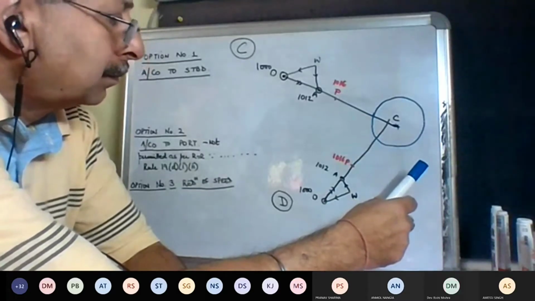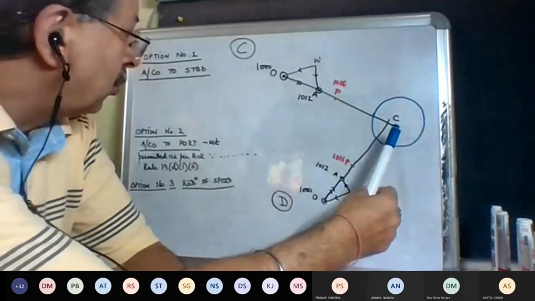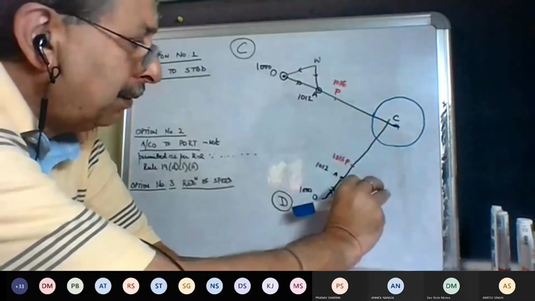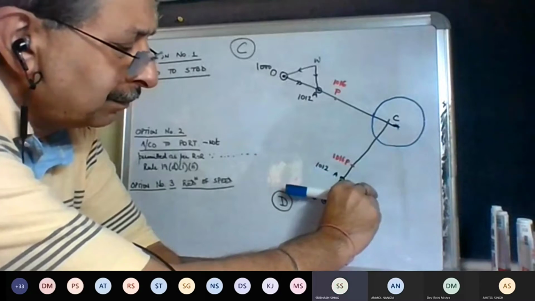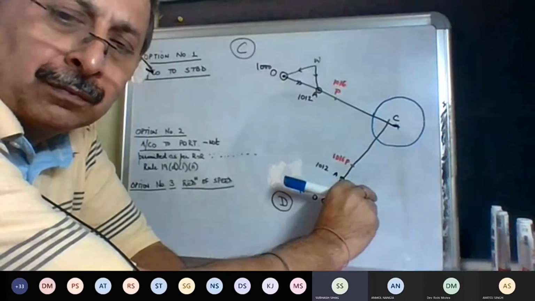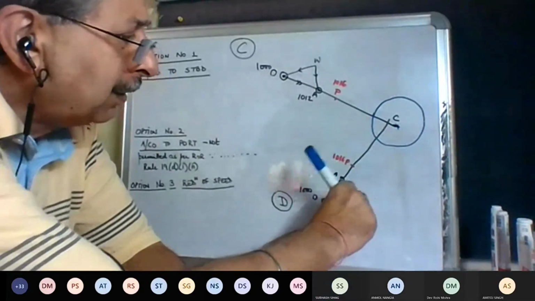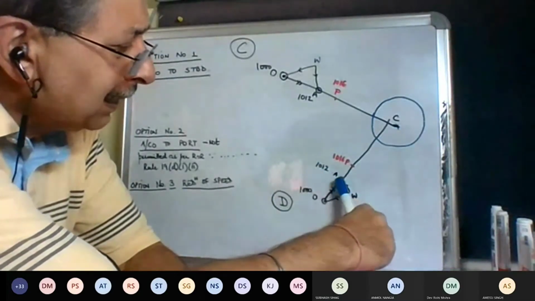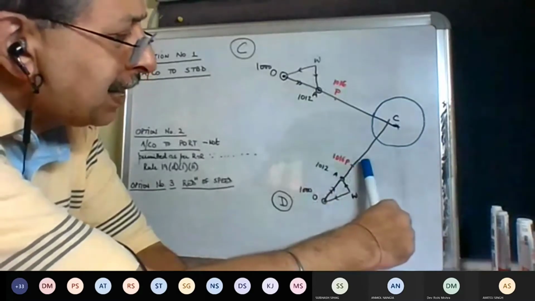When own ship has to alter course to starboard, WO will have to become WO1. If WO1 is like this, then O1A will be like this. If O1A is like this, the tangent will be like this.